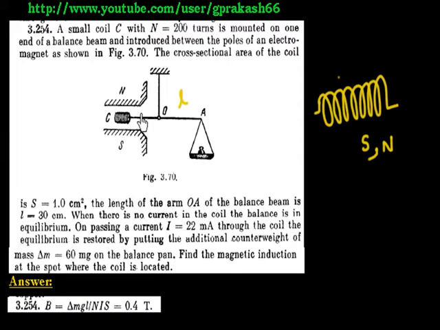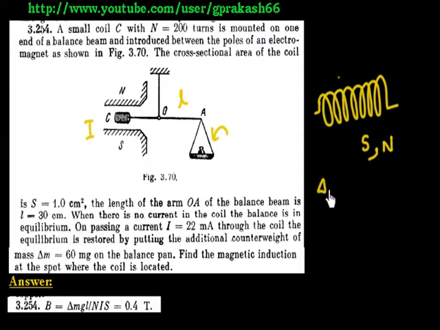Now a current is passed through this solenoid. Then I have to put an extra weight to make the system stable. This means if I want to reach the equilibrium position again, I have to add extra weight when there is a current inside this solenoid. This extra weight is given to you, that is delta M, the extra mass.